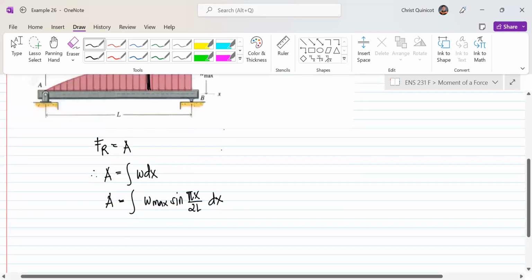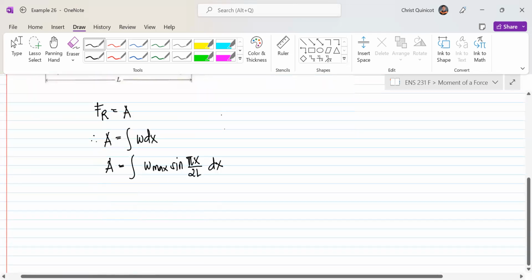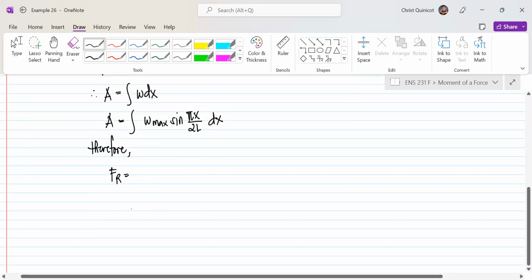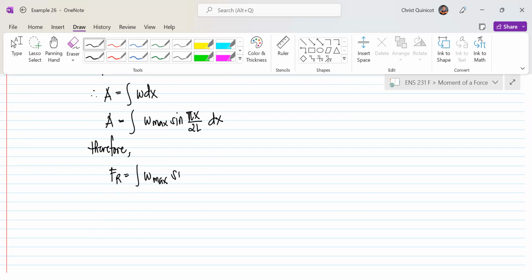So if F R is equal to A, then F sub R is equal to the integral of w max sine pi x over 2L dx.